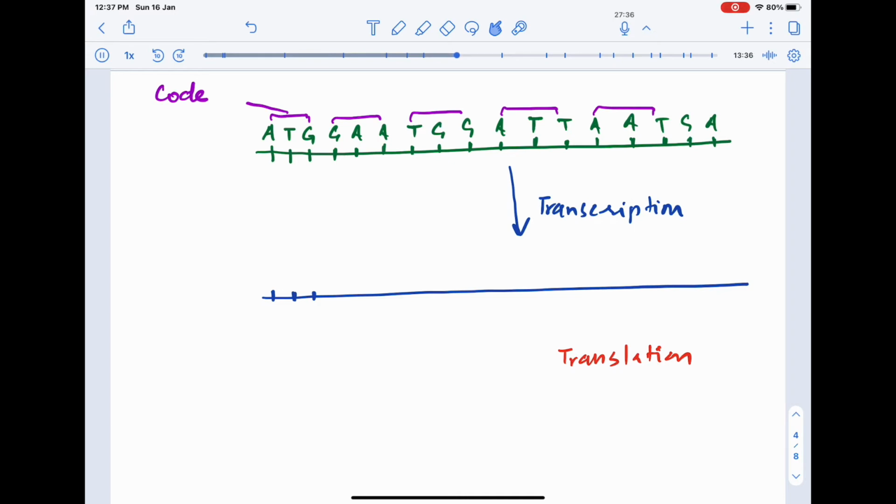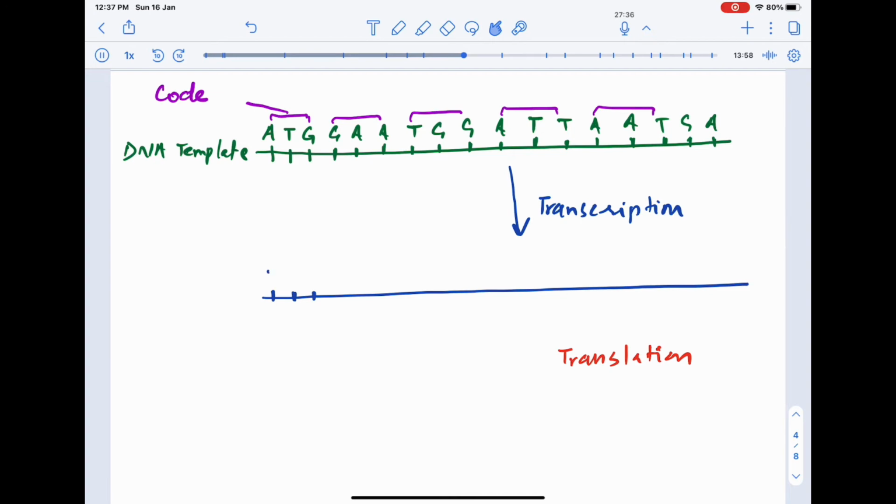So this is a DNA template. The first code on a DNA strand is ATG. So this will have a complementary sequence of nucleotides.